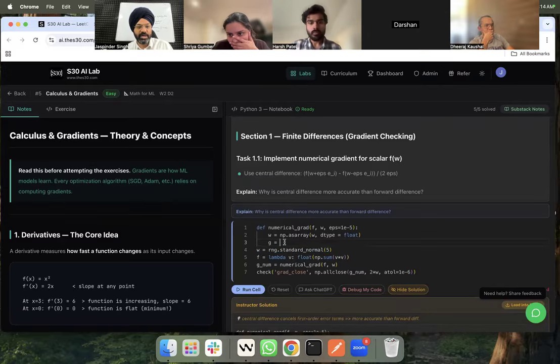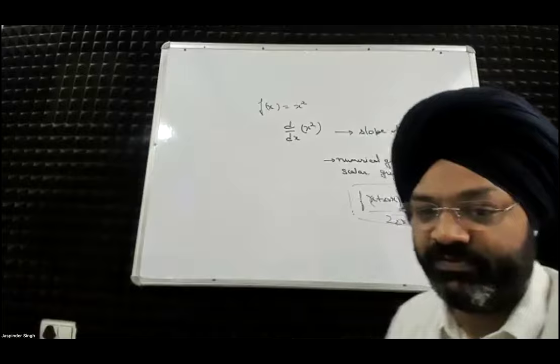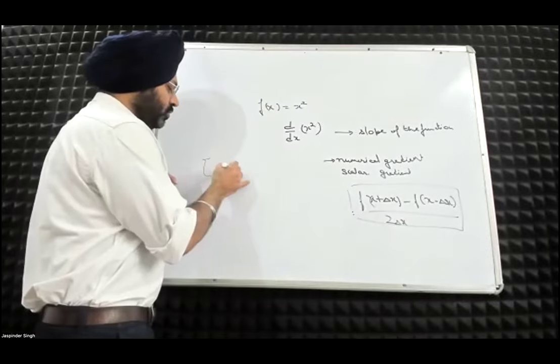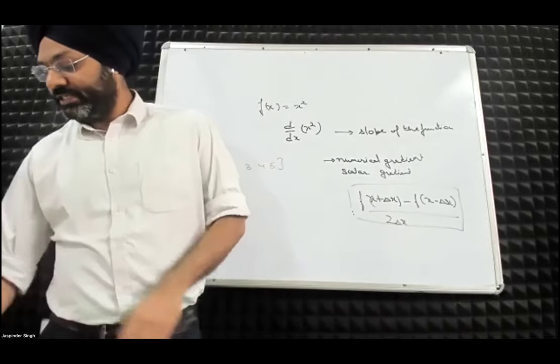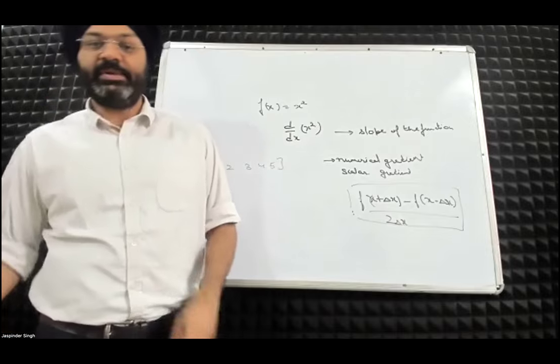If I want a gradient vector, I'll declare it np.zeros_like W, a NumPy array of 5 elements filled with zeros. This will be telling me the gradients. We have declared this as 1, 2, 3, 4, 5. It's a vector of 5 elements.